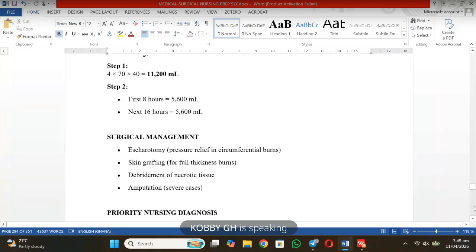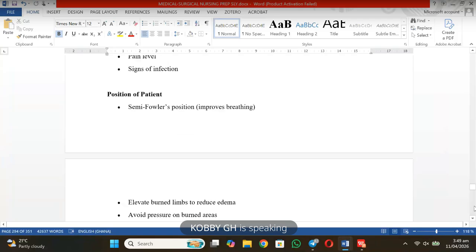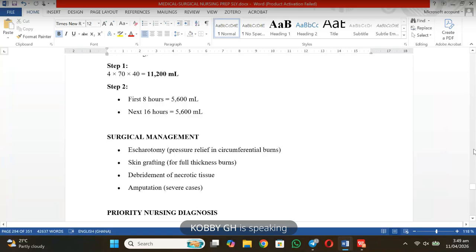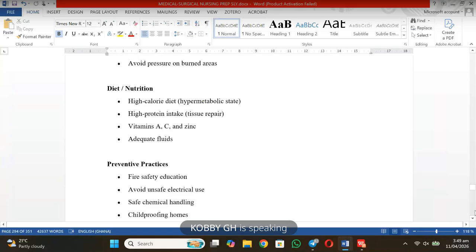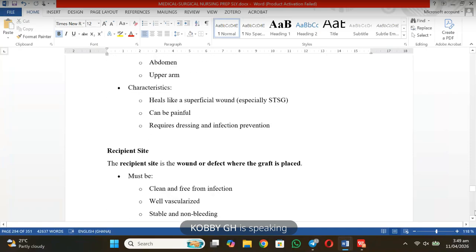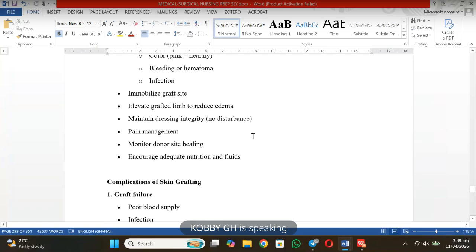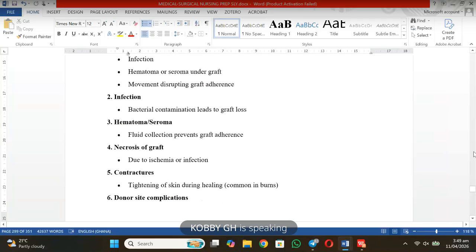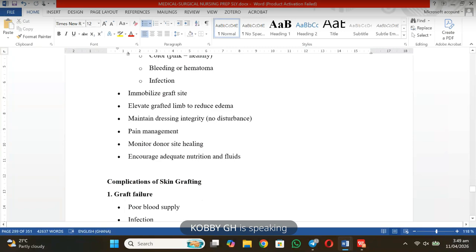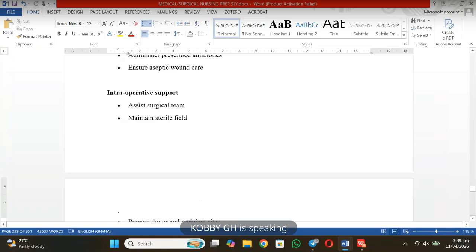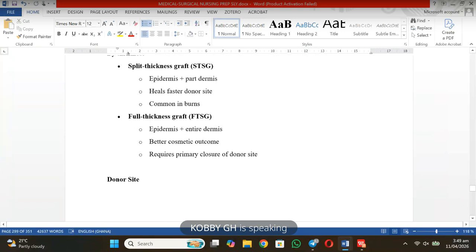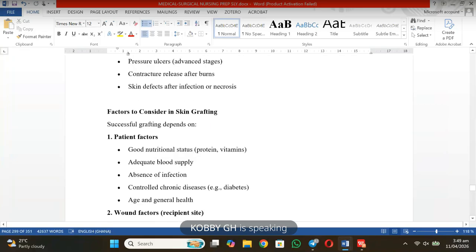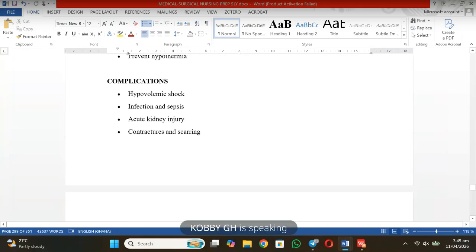So pay attention. In burns, that aspect of the management is very, very important. Is that okay? So that is it about burns. If a patient suffers burns, because of the fluid loss and dehydration, the patient can experience shock.